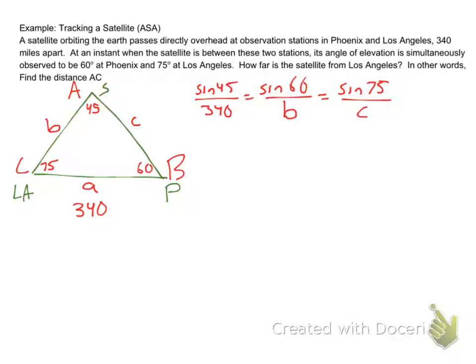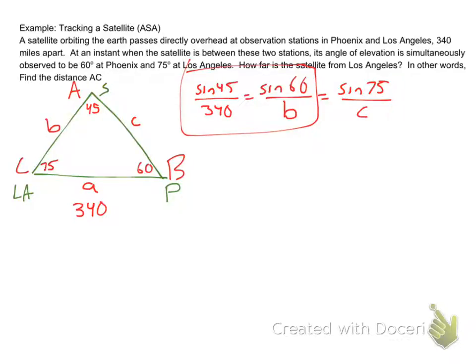Do I need to solve for both? No. The problem's only asking us to solve for which one? B. Because it only wants Phoenix to Los Angeles. Or that's not Phoenix to Los Angeles. The satellite to Los Angeles. That is from A to C or C to A, which is B. So I only need to do these two.